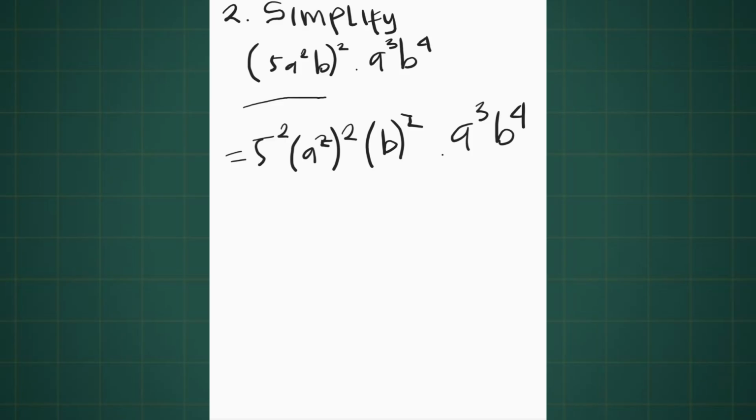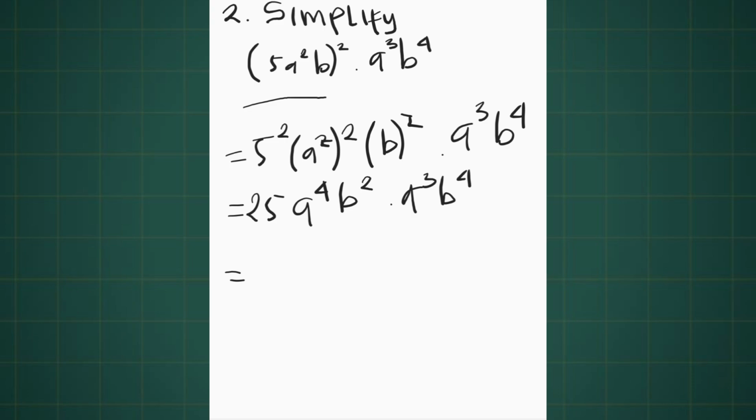and then we get 5 to the power of 2 is 25, and then a to the power of 4 b to the power of 2 times a to the power of 3 b to the power of 4, and then after that, to solve this equation we must use addition of exponent.